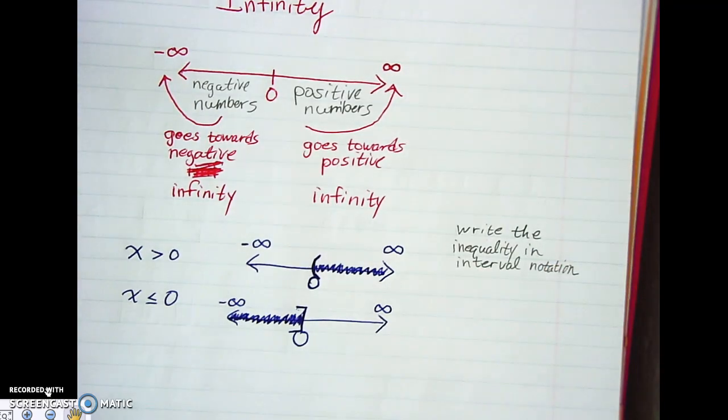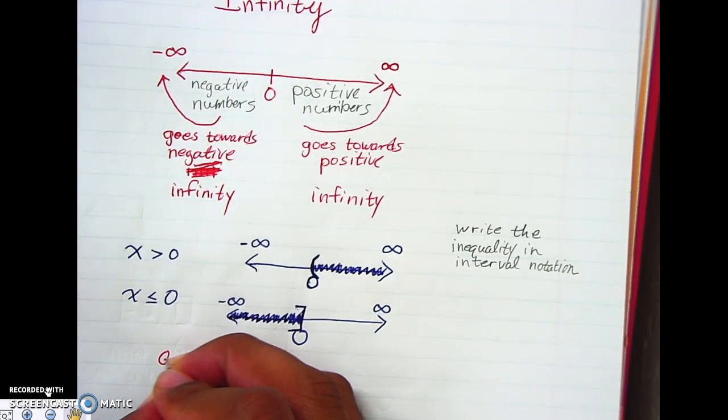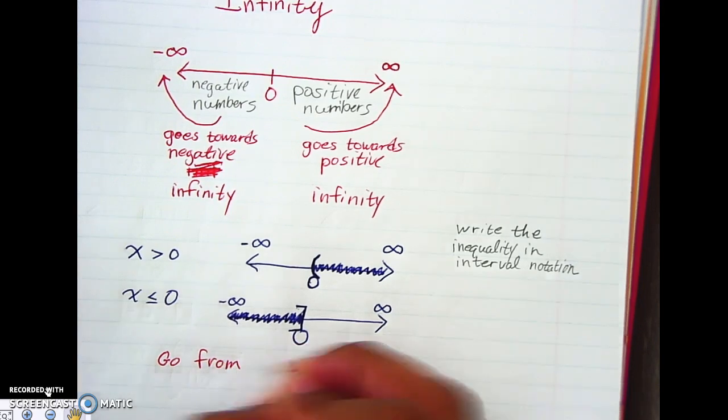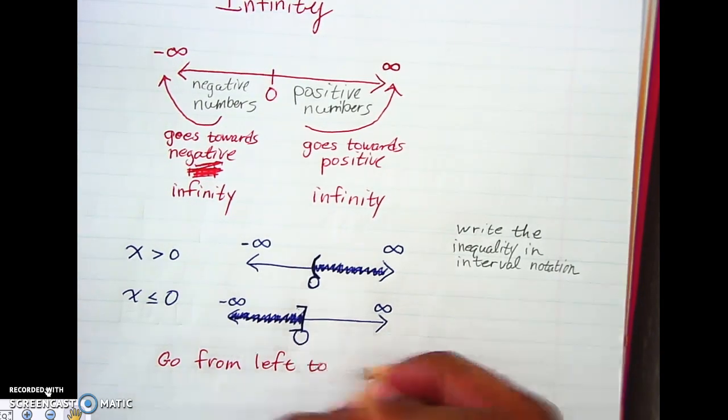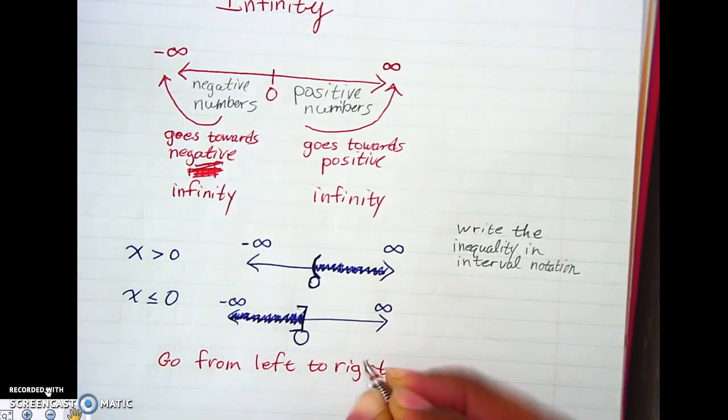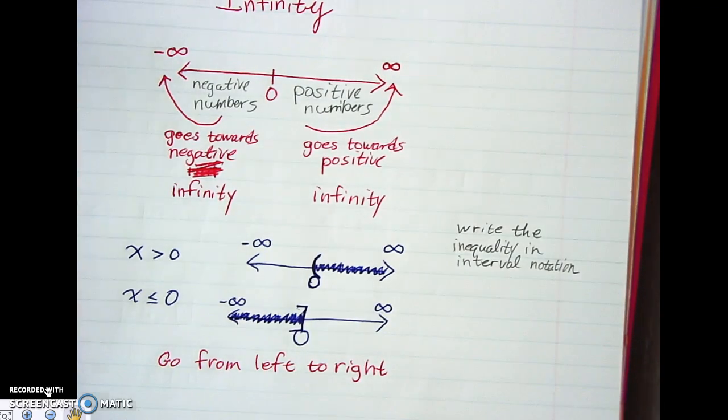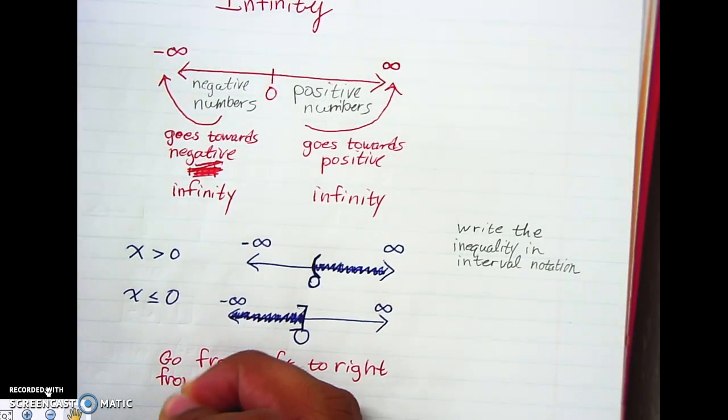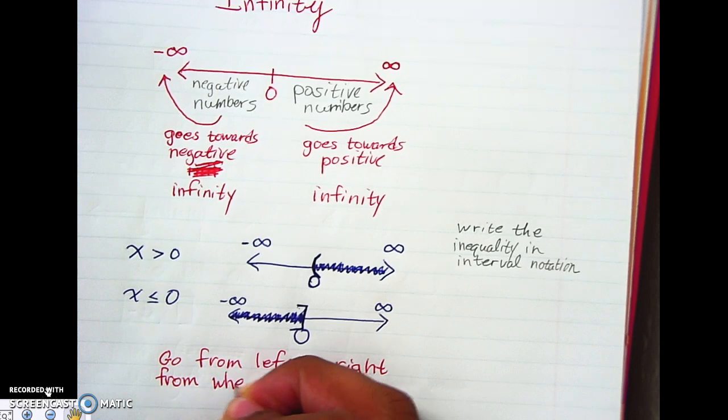Now, the biggest part that you need to remember is you're going from left to right. We start where the shaded part begins, where the parenthesis or bracket begins, and then we go to where it ends. So we're going from left to right, from where it starts to where it stops.